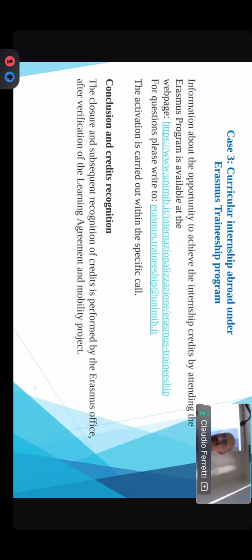The slides have been prepared by Leonardo and Alessandra, so I really thank them. In this case, there's a specific office where you can ask about these procedures, right? You know that Erasmus is a protocol to ease your participation abroad in university activities, learning activities.